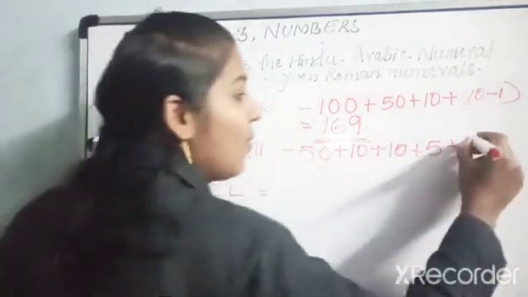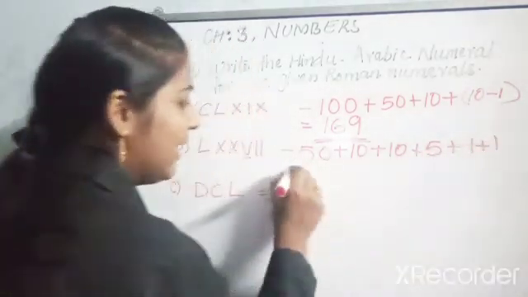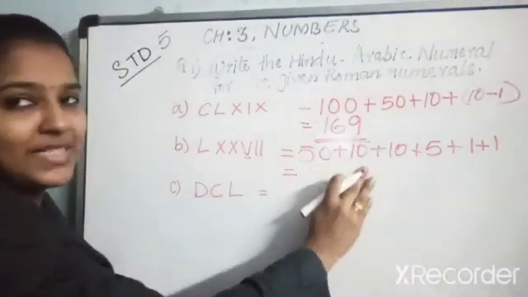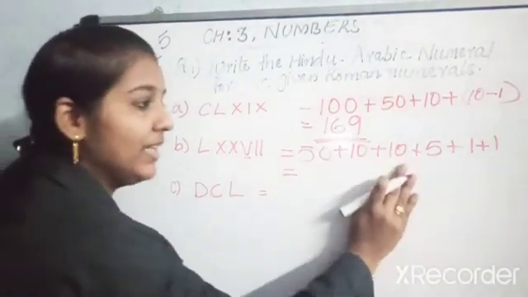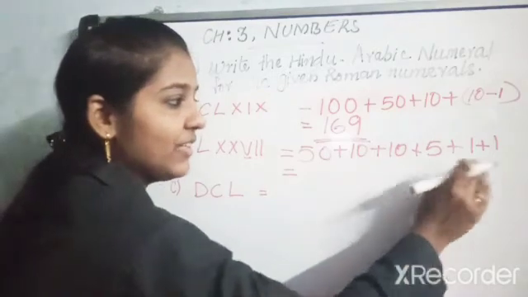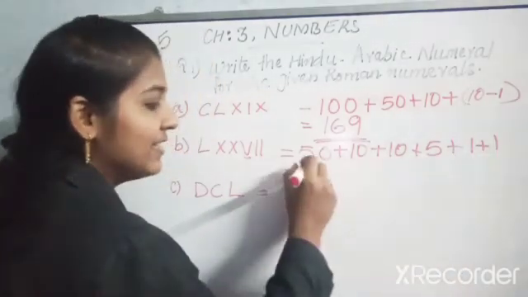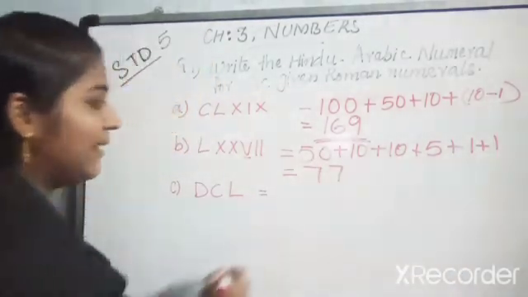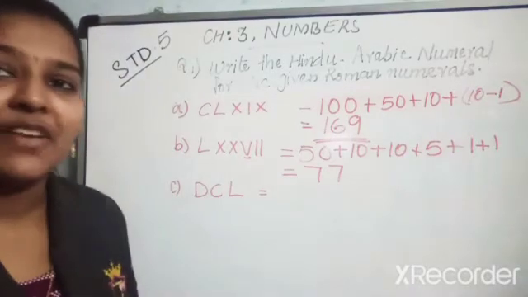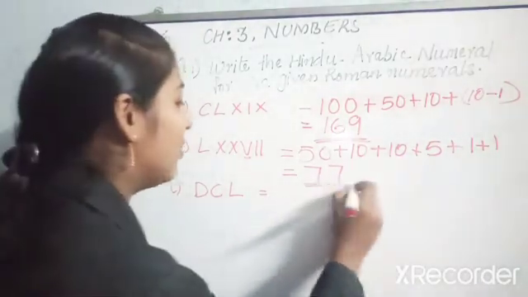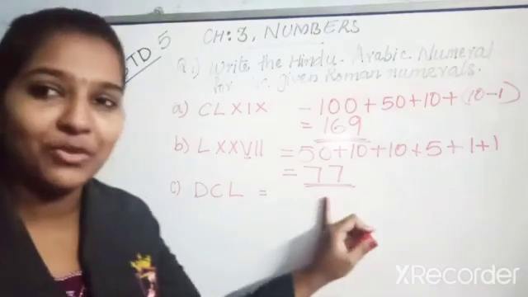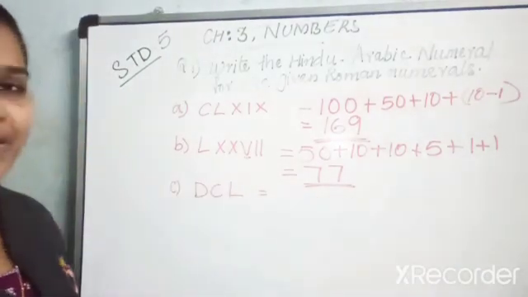That is 1 plus 1. Now add it together. 50 plus 10, 60. 60 plus 10, 70. 70 plus 5, 75. 75, 76, 77. So what is the answer? 77 is the Hindu-Arabic numeral for this Roman numeral.